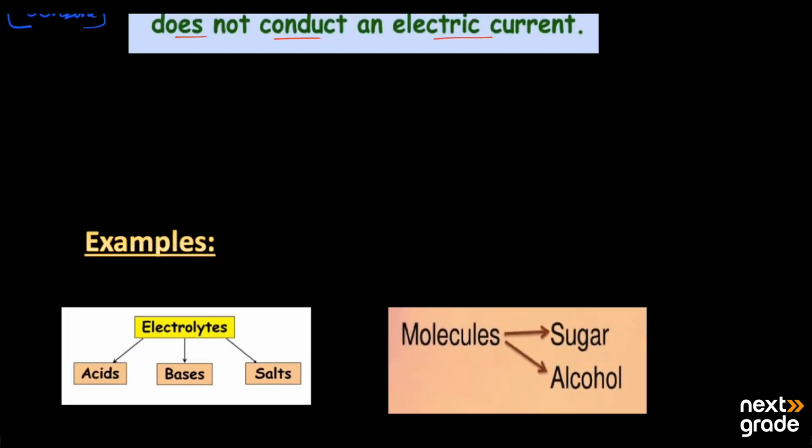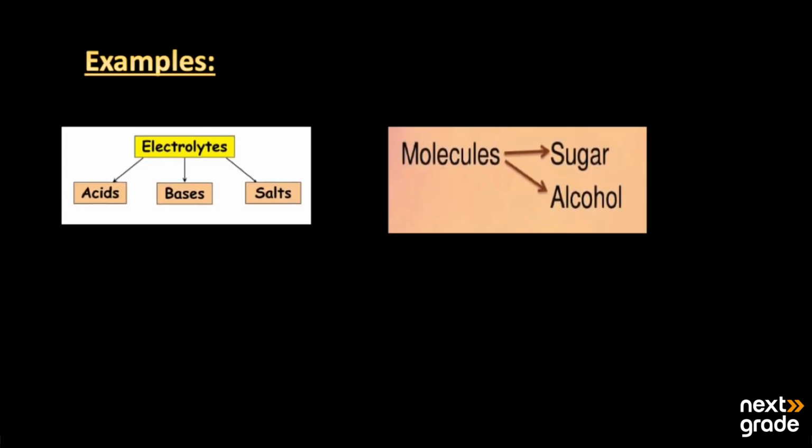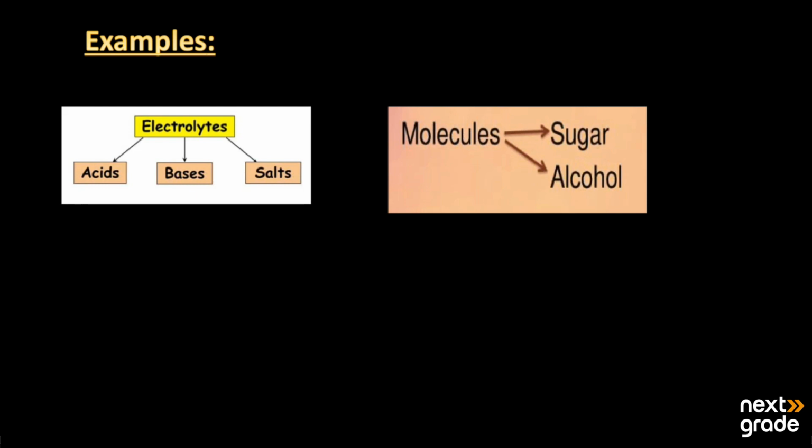Then we have the examples of electrolytes and non-electrolytes. Here, the electrolytes can be in the form of acids, bases, and salts. So, three types of substances can be electrolytes. If we look at a salt, it is sodium chloride. It can work as an electrolyte.